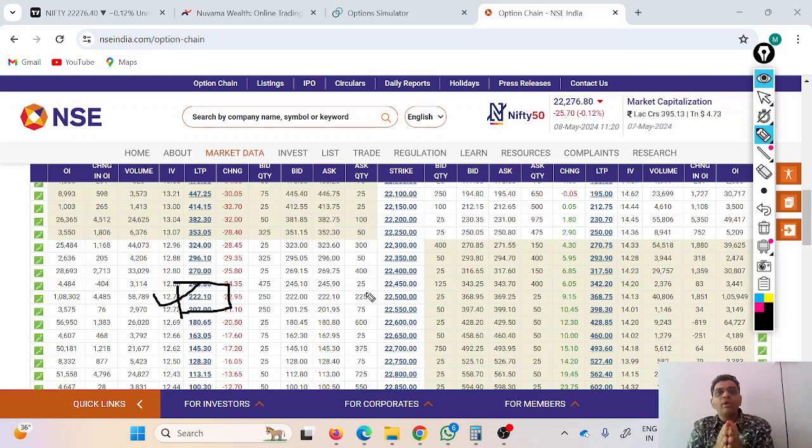Just listen carefully. Given that all other things remain the same, that means currently Nifty is trading around 22,250.